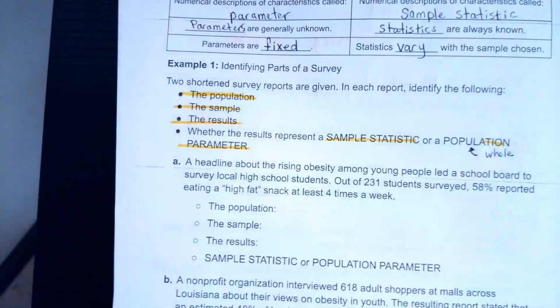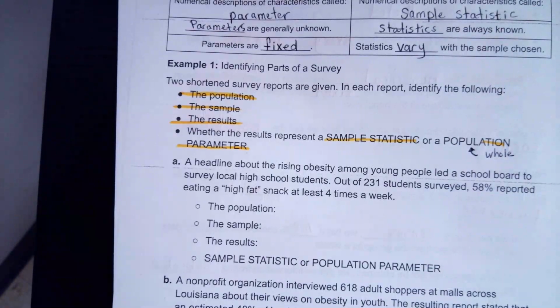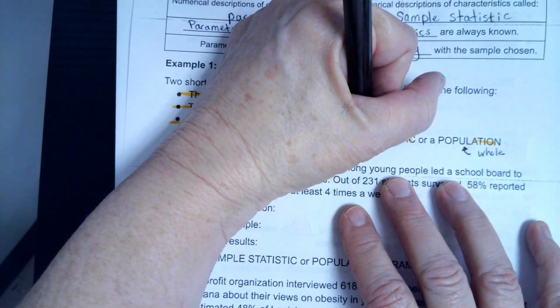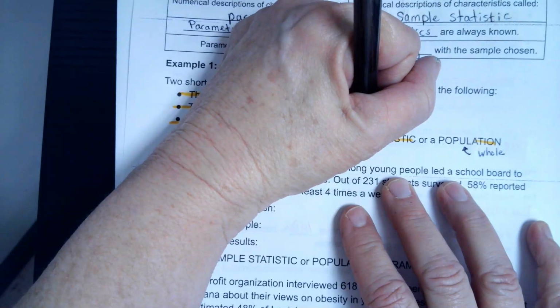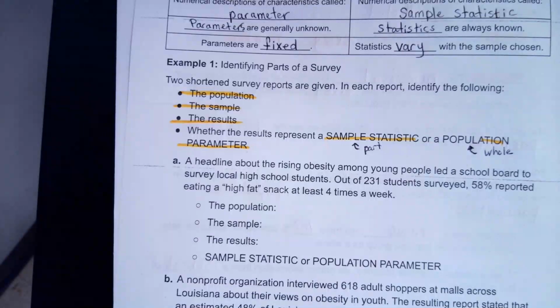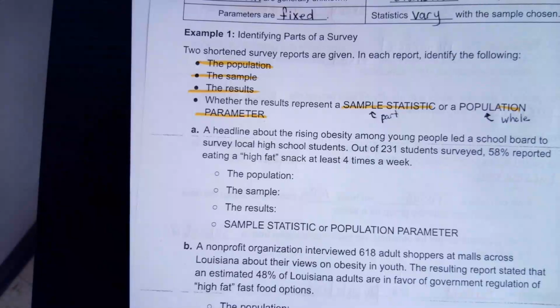So if they say 58%, find out if it's 58% of your sample, or if they're applying it and saying it's 58% of your whole population. Okay? So if your results are just talking about the part of the group, it's a sample statistic. If they're talking about the whole population, then it's a parameter. Okay?